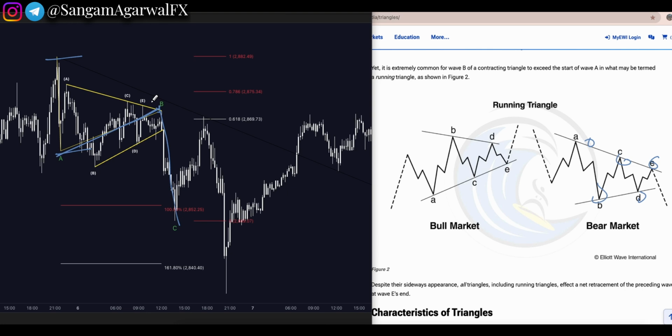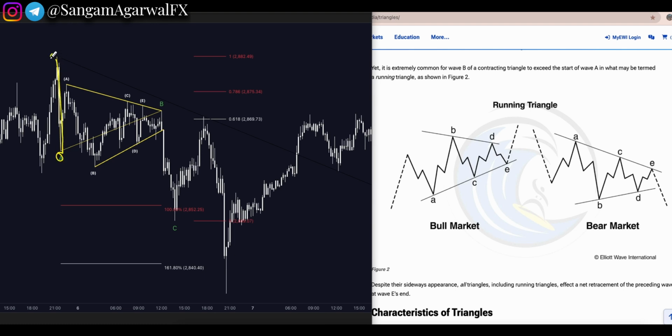The entire ABCDE correction converts to a higher degree wave B. Then our next level wave C starts. For Elliott wave, you have to learn how to use the wave extension tool.